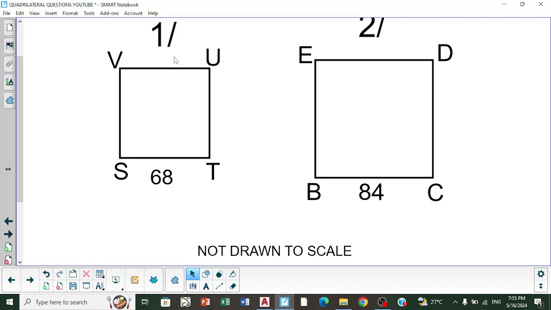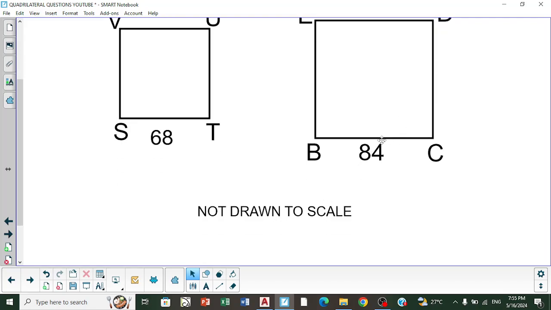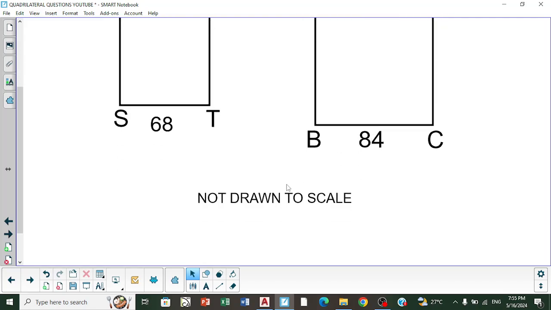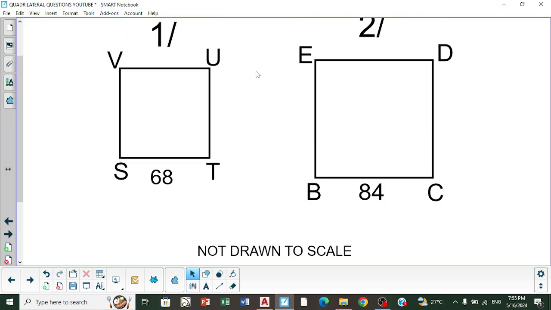And we know that a square has four equal sides and four 90 degree angles. And question 2, BC is the base, it is 84. Of course, all the sides will be the same 84, and the angles inside are right angles of 90 degrees. So I want you to use this form of the question and construct the square.